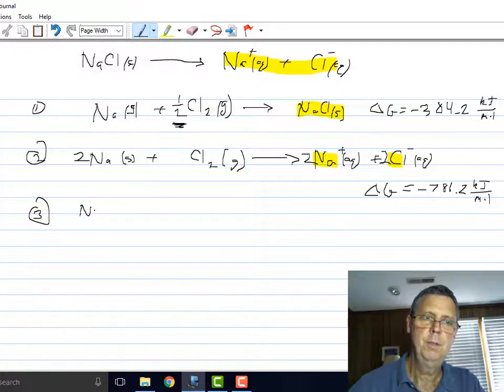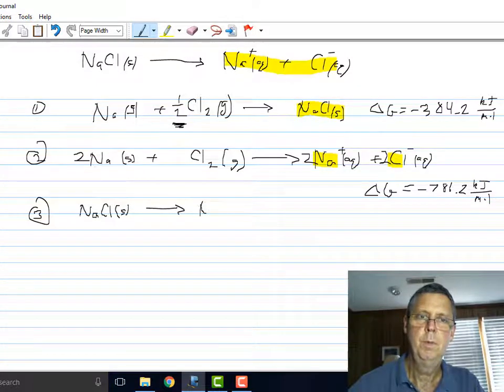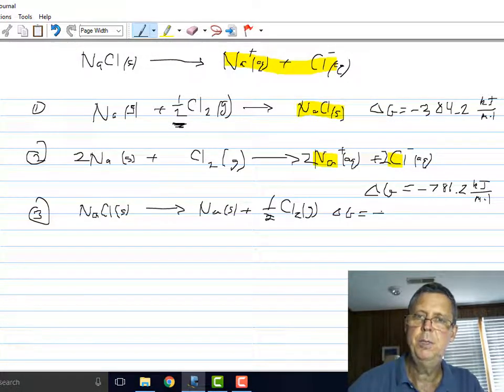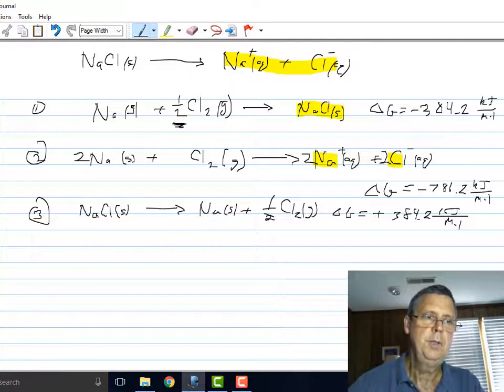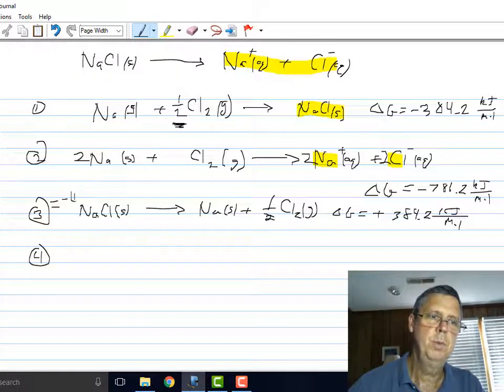So this is NaCl solid goes to form sodium solid plus, it should be 2 there, chlorine gas, and delta G of this reaction, since we flipped it around, is now plus 384.2 kilojoules per mole. Equation 3 is just the negative of equation 1.